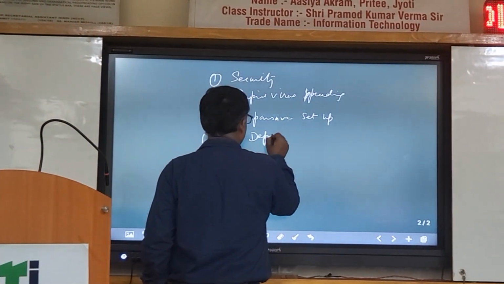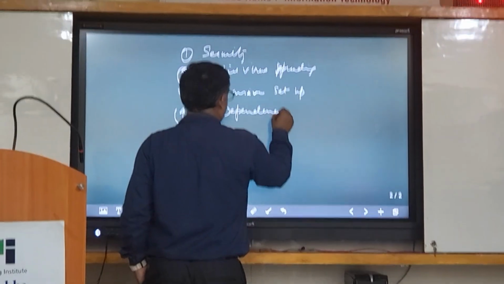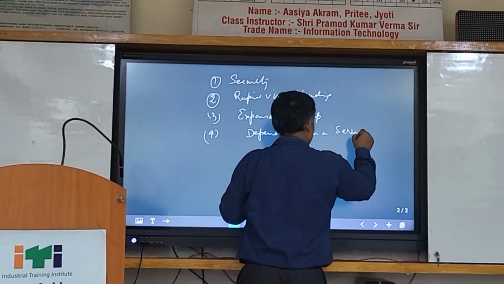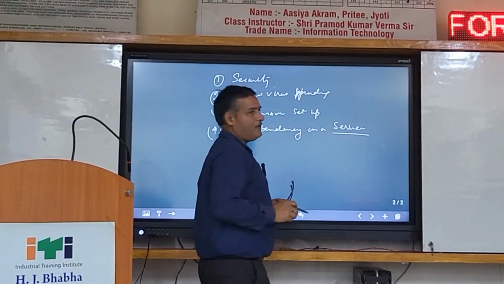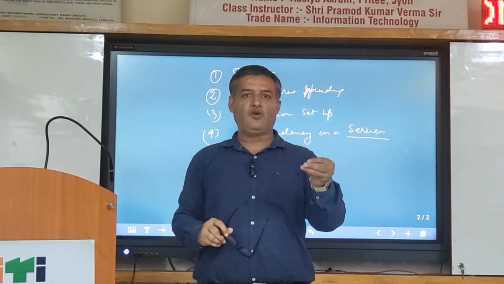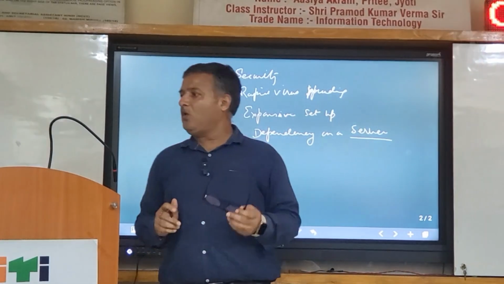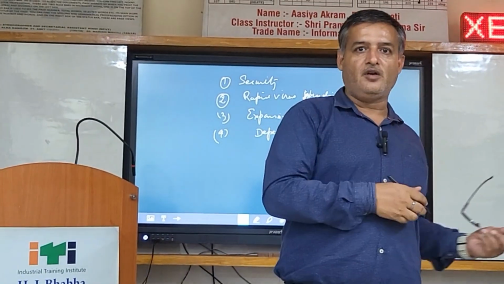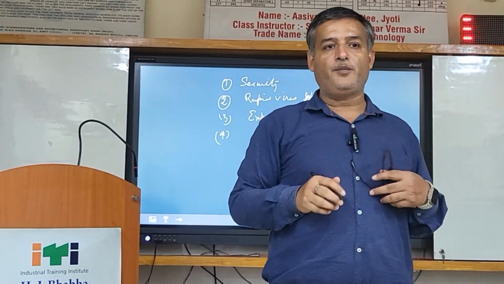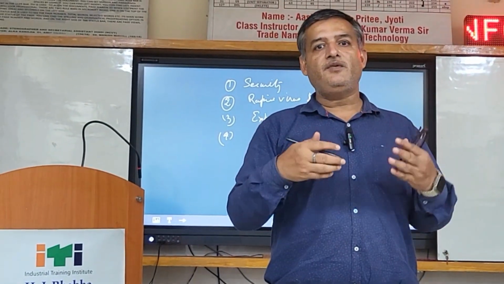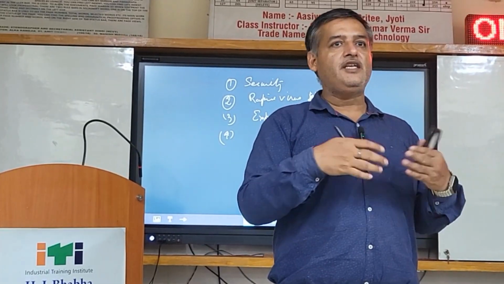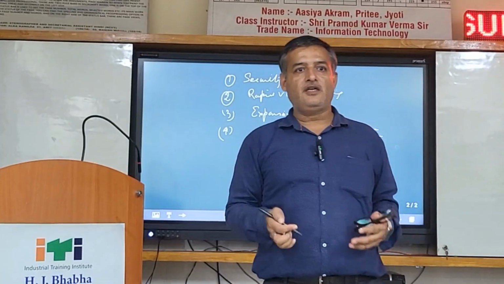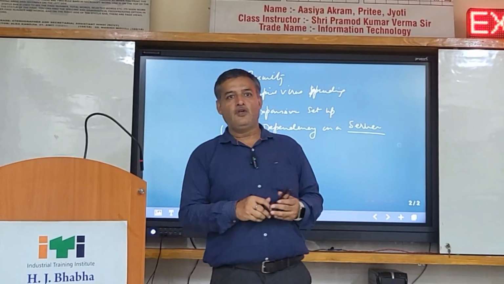The fourth and final disadvantage of the network is dependency on a server. If our networking system has a particular main computer and all the computers are connected to it, that particular computer is a feeder to all the computers. Feeder means it gives the information and gives you permission to work on the network.